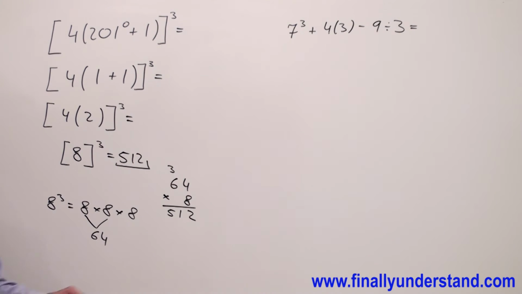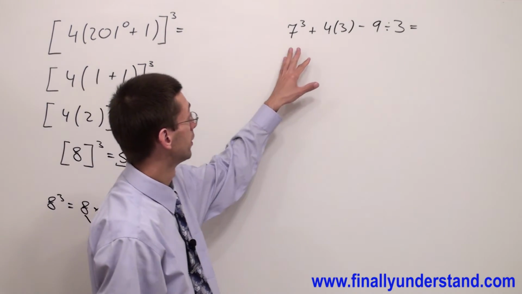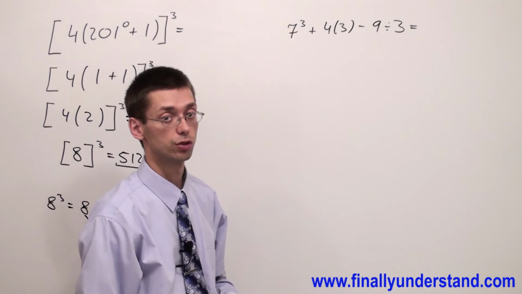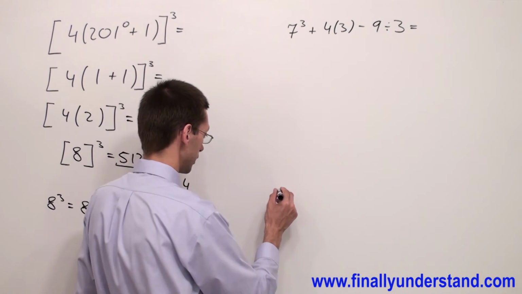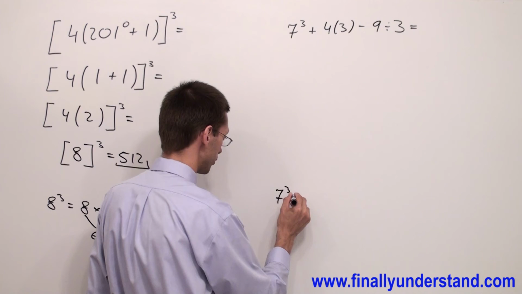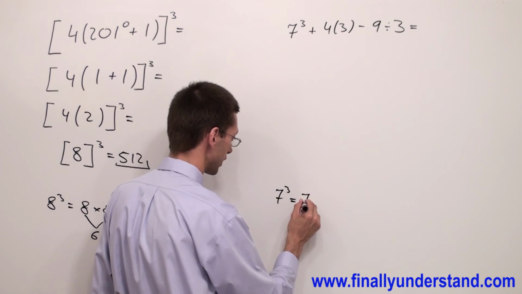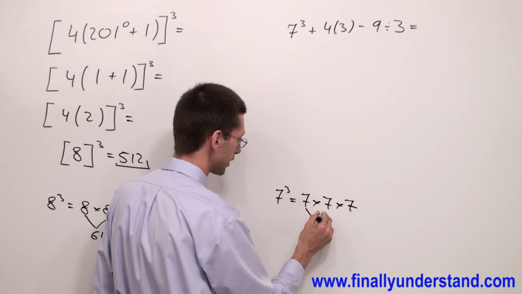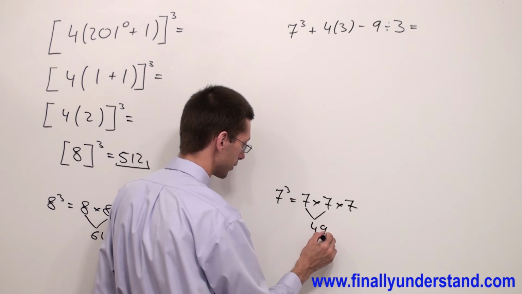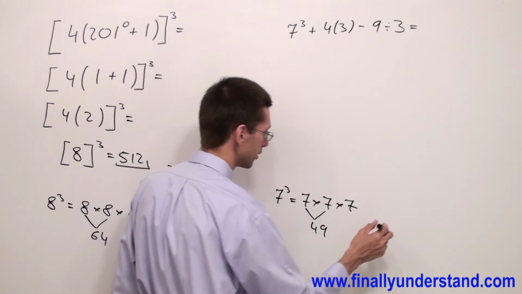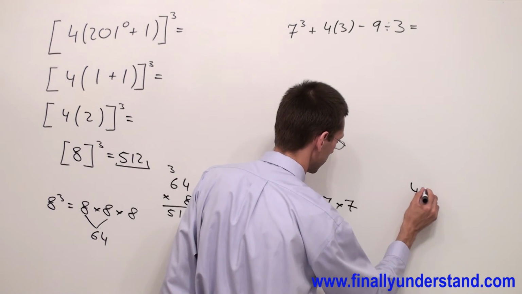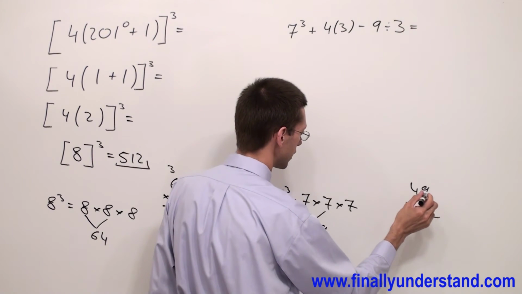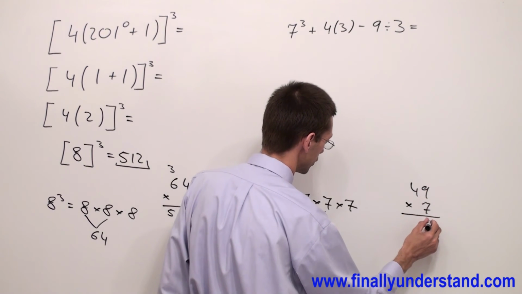Let's take a look at the second problem. I have 7 raised to the third power. 7 raised to the third power you can rewrite as 7 times 7 times 7. 7 times 7 is equal to 49. 49 times 7 you can always calculate. 7 times 9 is equal to 63.